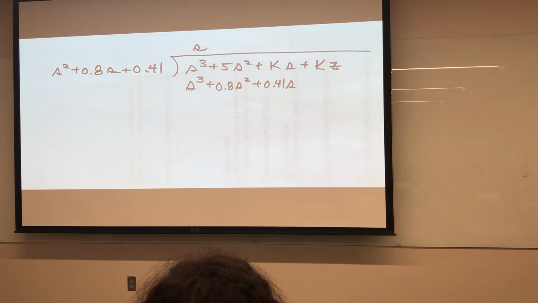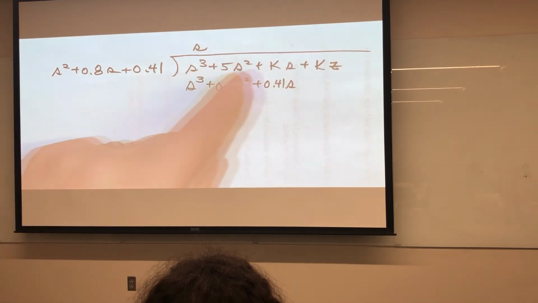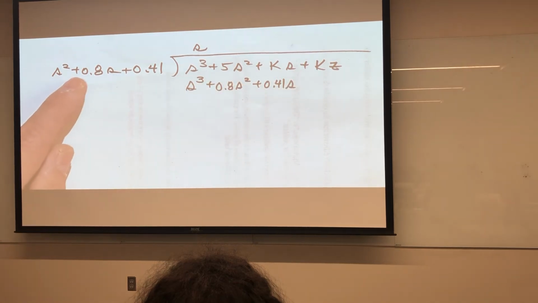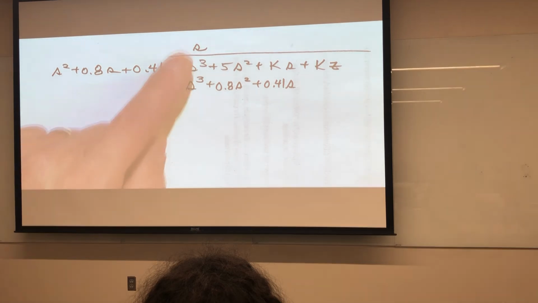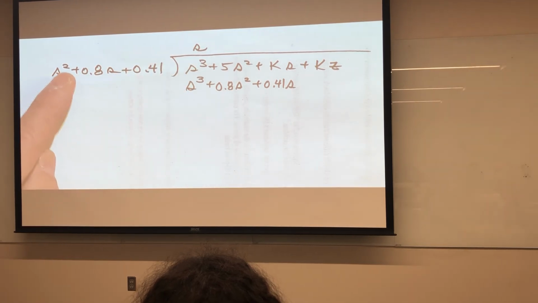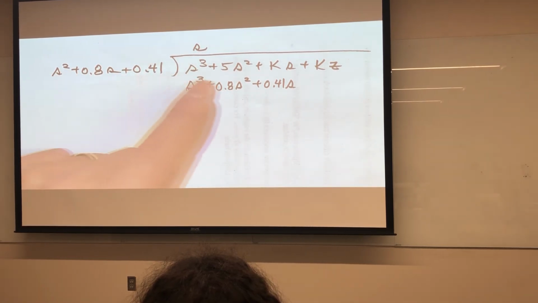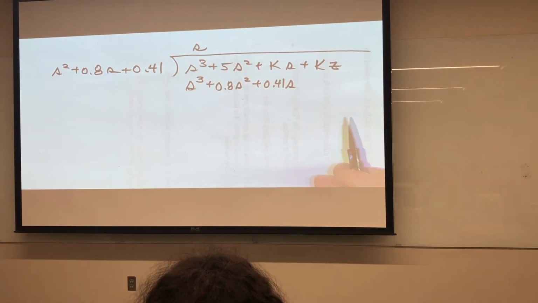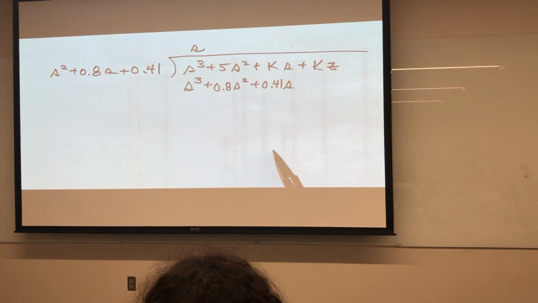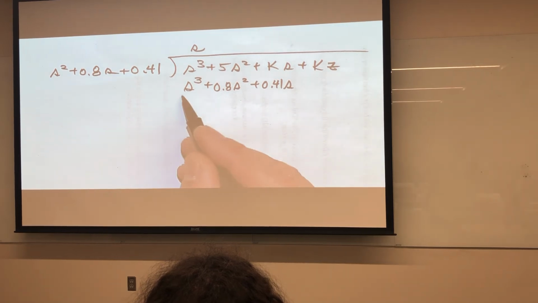Okay, you see how that worked? I'm doing long division. I say, how many times can this go into this? Well, this is s squared. For it to go into this, there must be an s factor in there. So I said multiply by s, and I get s cubed, 0.8 s squared, 0.41 s. What's the next step in long division? Subtract.